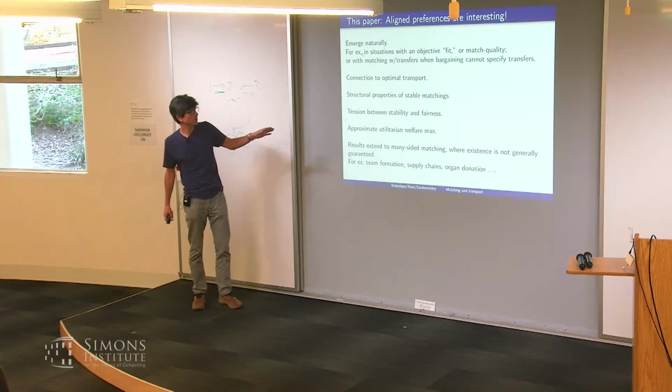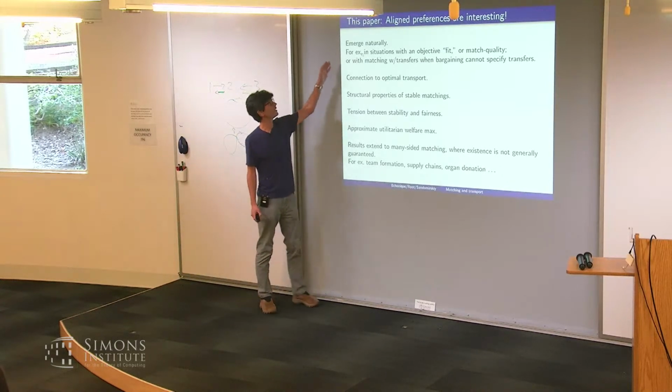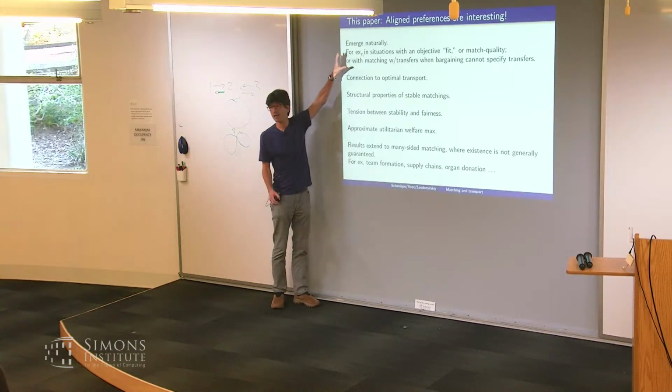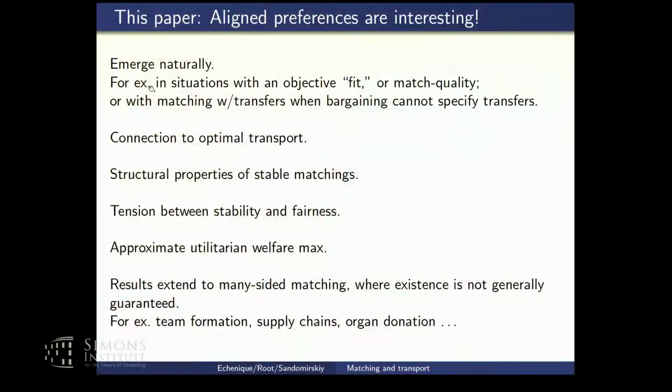Anyway, so a quick overview of what we do in the paper. First of all, aligned preferences, I'm going to argue, are interesting. They emerge naturally in some problems, for example, when there is an objective notion of fit. So two agents get the same utility, maybe because there's some natural way in which we talk about match quality, and then both sides care about this match quality.